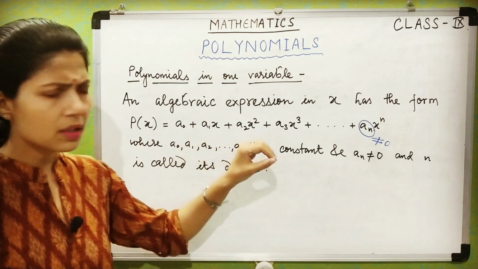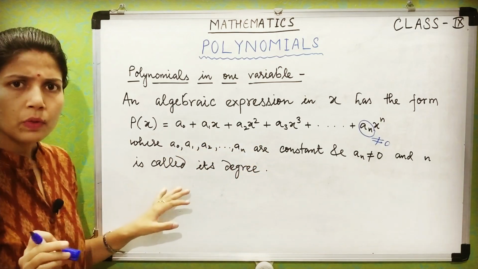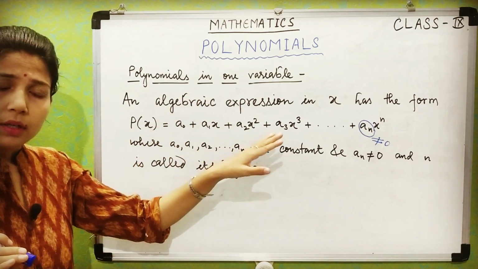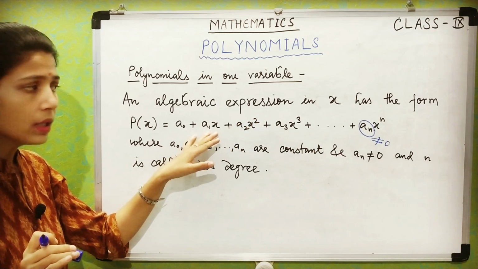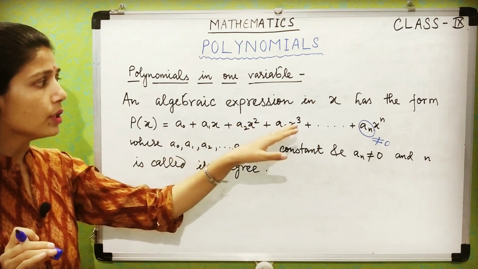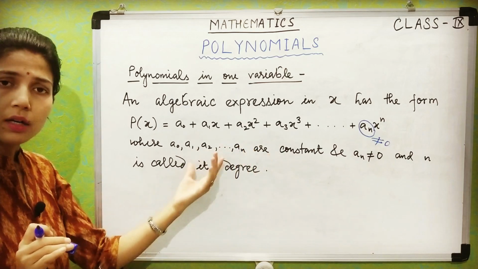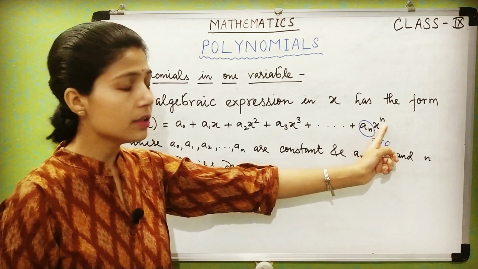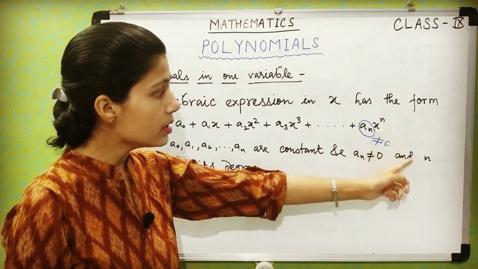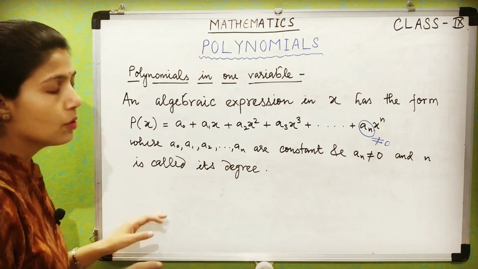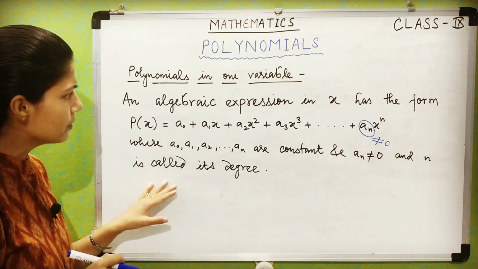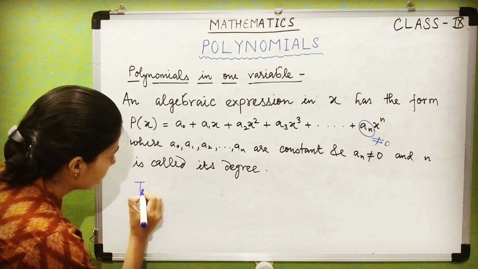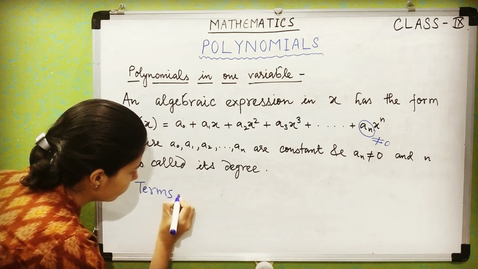Okay, so these main terms we will discuss here. First you have to see its definition. Any algebraic expression in one variable has this form, where a0, a1, a2, a3 till an are all constants and x is a variable, and the highest power of the variable is here the degree. Okay, so let's understand some terms about this definition of polynomial. First, terms. What are terms?